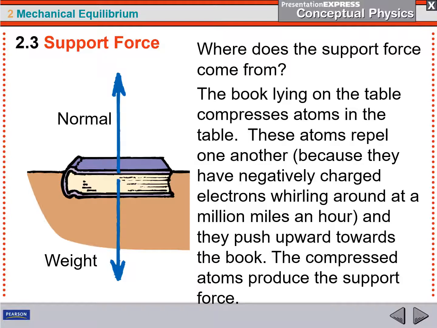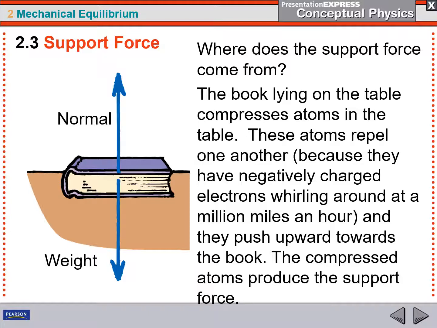All atoms have electrons circling them. Those electrons are all negatively charged. And when you have two charges of the same type, both negative or both positive, those charges will repel each other. They'll push each other apart. So atoms stay slightly apart from each other because of the electrons that are encircling them.